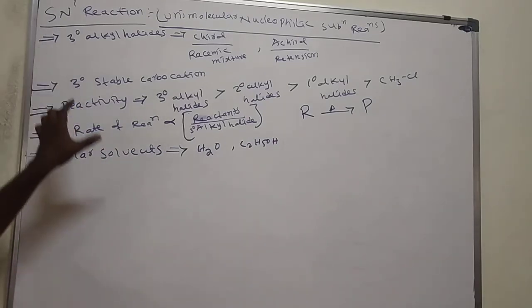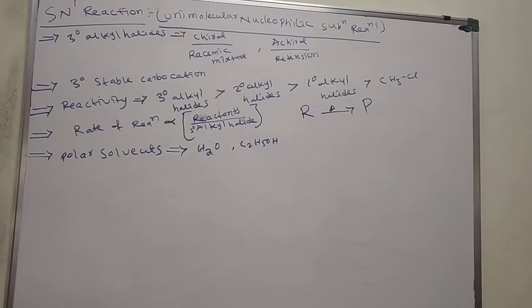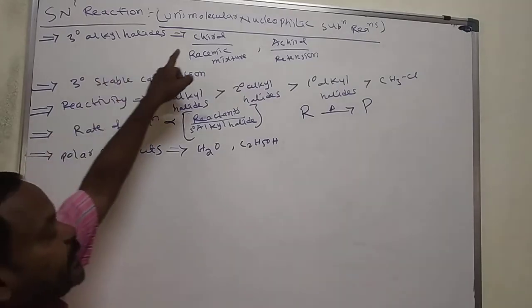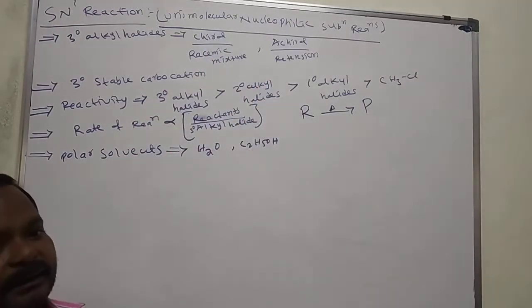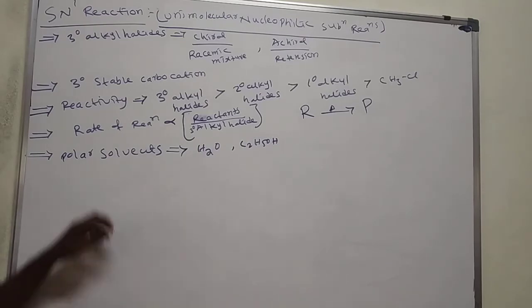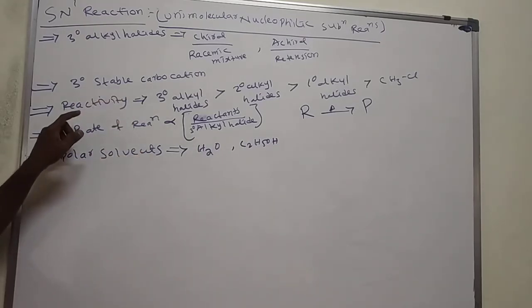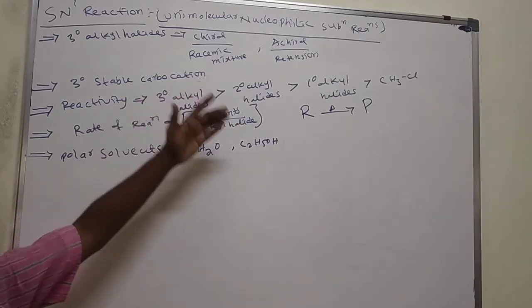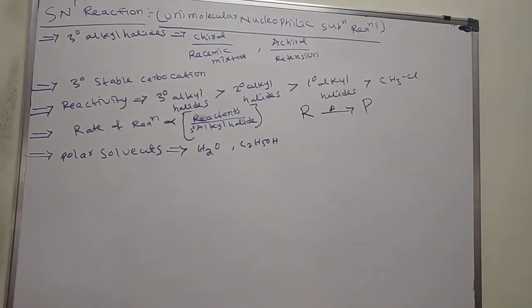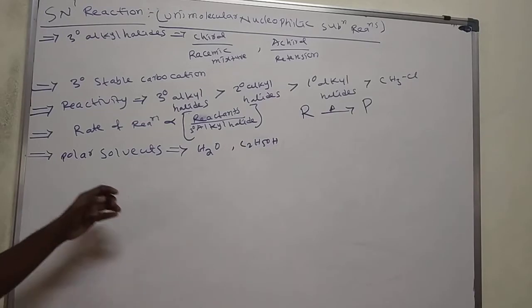Here these are the important points in the SN1 reaction. It is mainly observed in tertiary alkyl halide. If you use a chiral tertiary alkyl halide, we get the racemic mixture; with an achiral one, we get the retention product. This proceeds through a tertiary carbocation. For reactivity, tertiary alkyl halide is the most, then secondary, then primary, then methyl chloride.